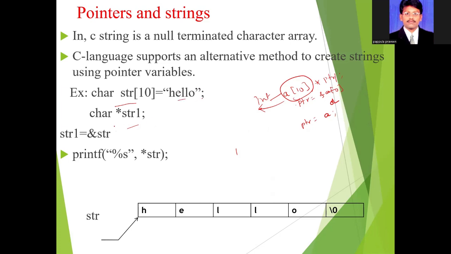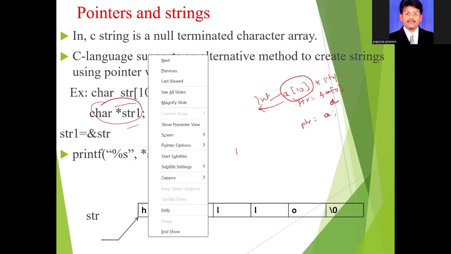Now we declare the pointer also. Why do we use the pointer? A pointer is a variable which stores the address of another variable. So we declare the pointer variable, char star str1.